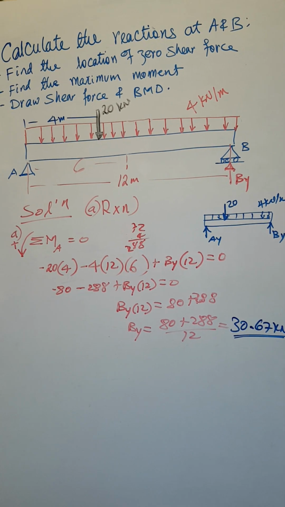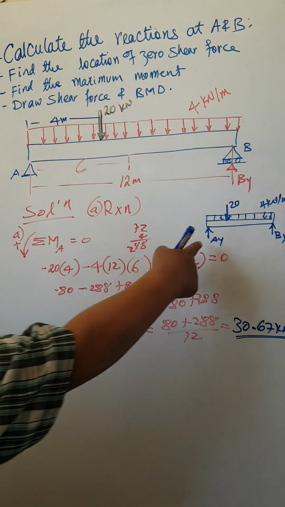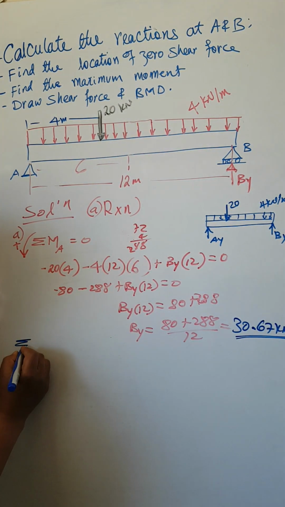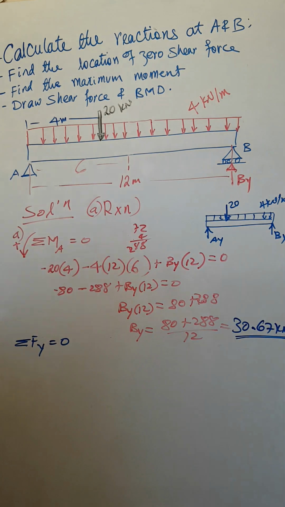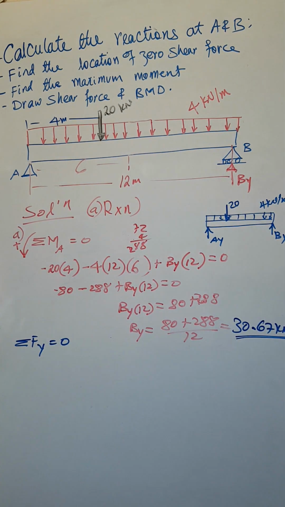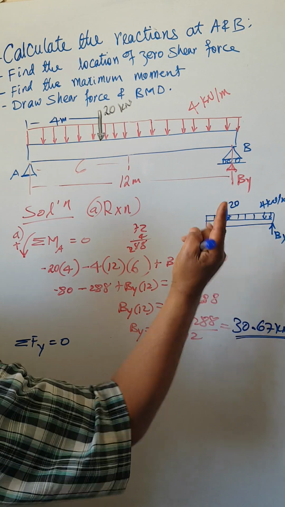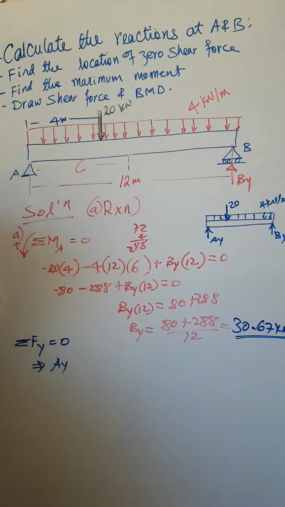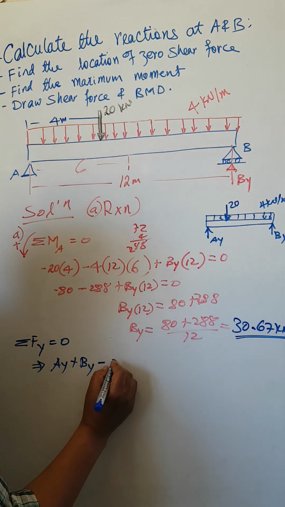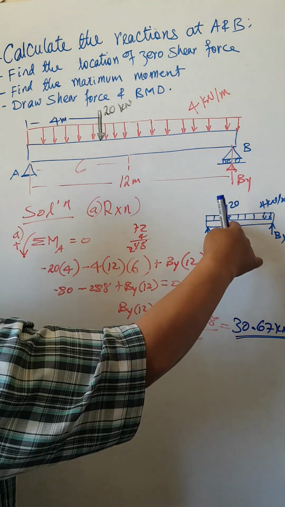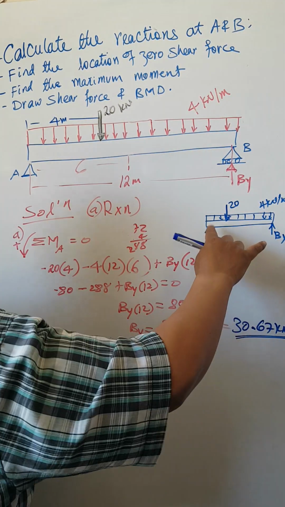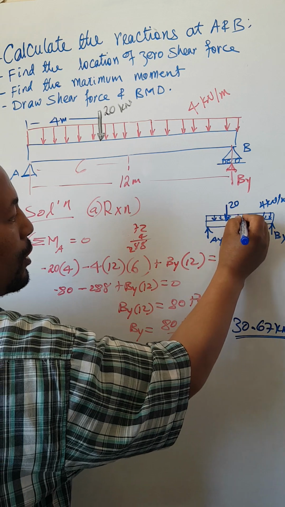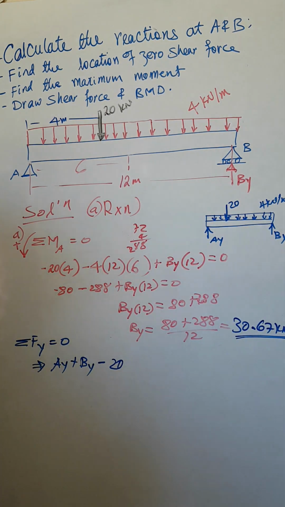After this, what do we do? To find the reaction at A, we use summation of forces along y is equal to 0. The upward forces are, according to our assumption, AY plus BY. Minus the downward forces: 20 kilonewton. Again, the area of this uniformly distributed load is a downward force.